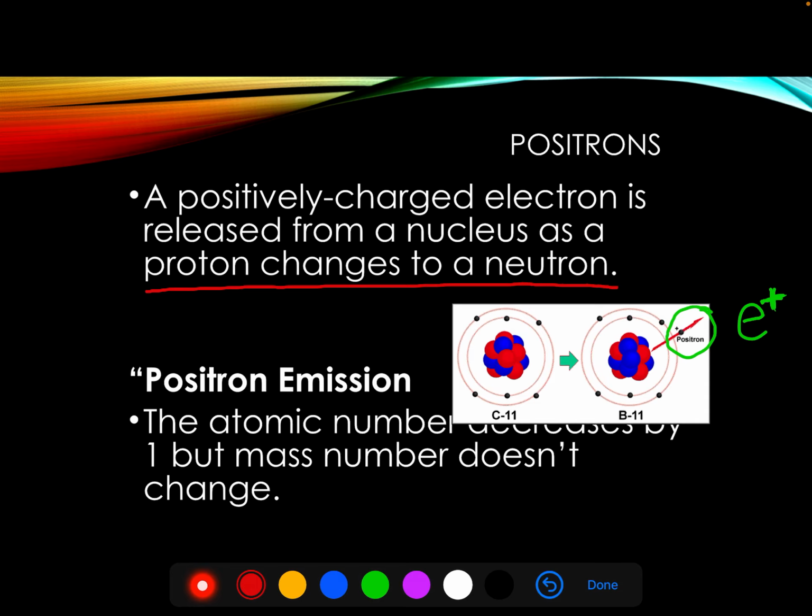So in this case, I have an extra proton over on this side, and then I change it into a neutron. The atomic number, and I'm sorry that this is hidden, the atomic number, this says decreases by 1. Again, just like the last time, the mass number does not change. Okay, carbon 11 becomes boron 11.